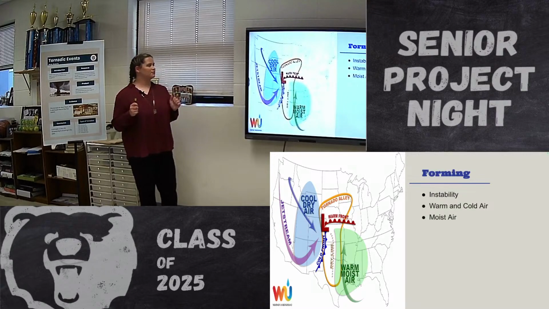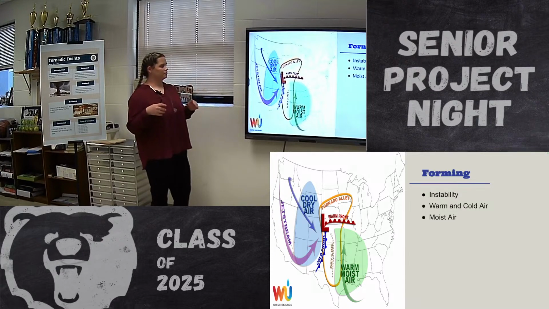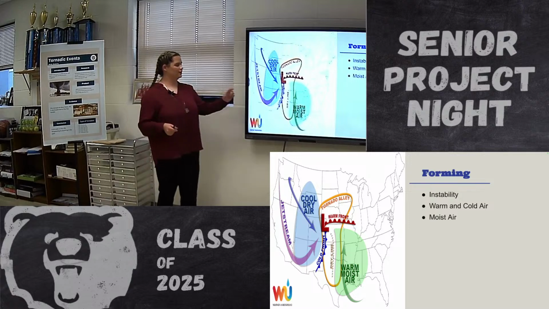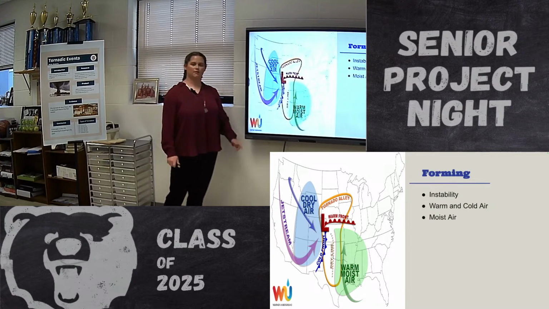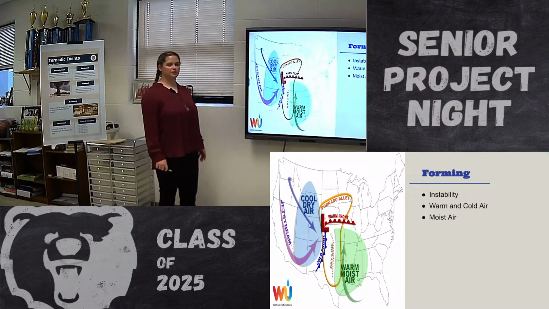So right here I'm showing a forming of a tornado that has the jet stream, the cool dry air, the warm front, and the tornado valley and the warm moist air coming from the south. So with that, there's going to be enough instability in the air for a tornado to form.